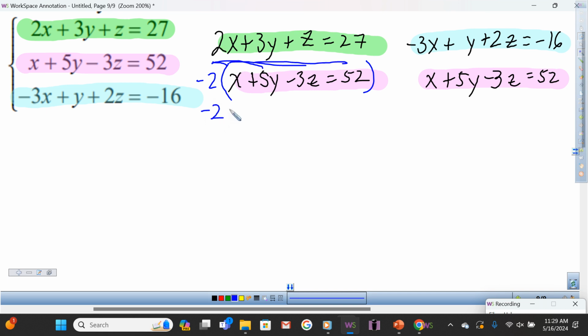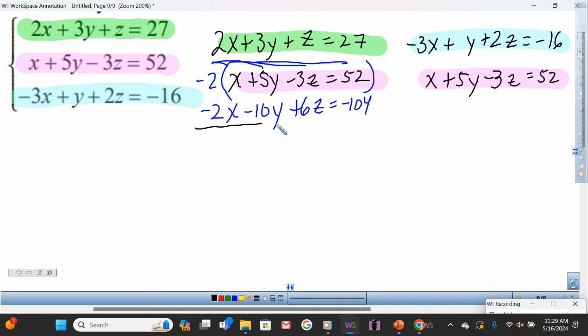So that becomes negative 2x, negative 10y, positive 6z, and negative 104. All right? So double check. Negative 2 times x, negative 2 times 5, negative 2 times 3, and negative 2 times 52, 104.